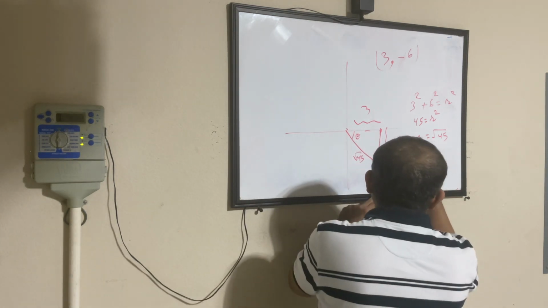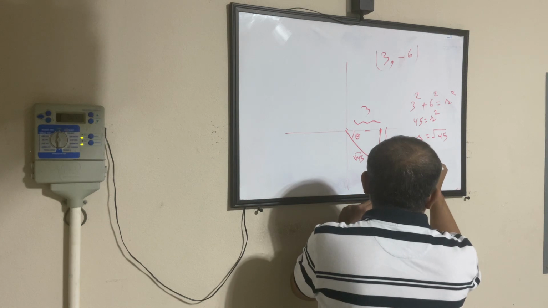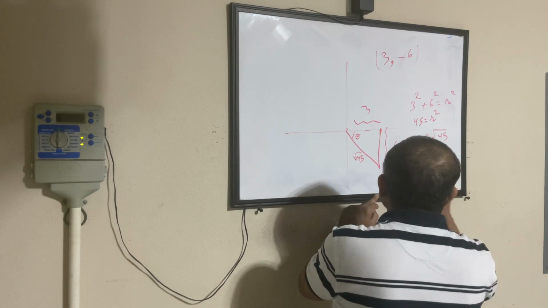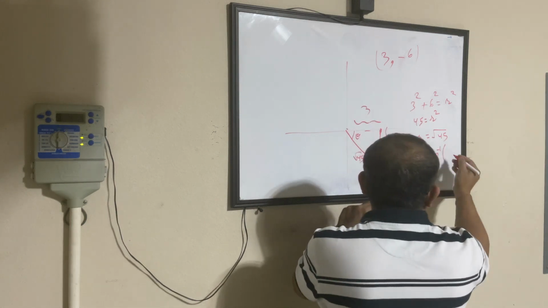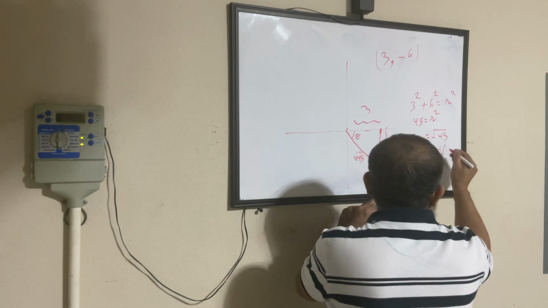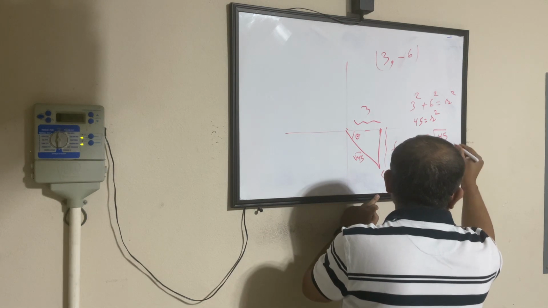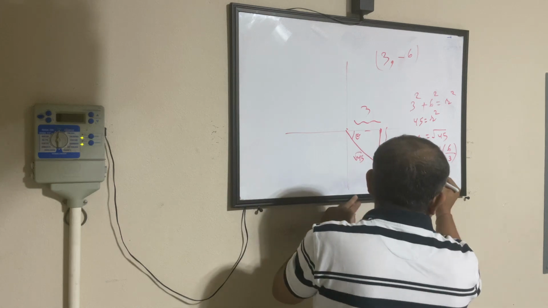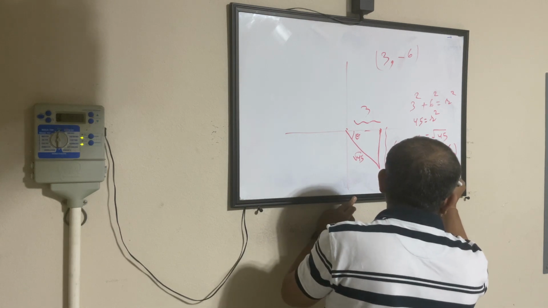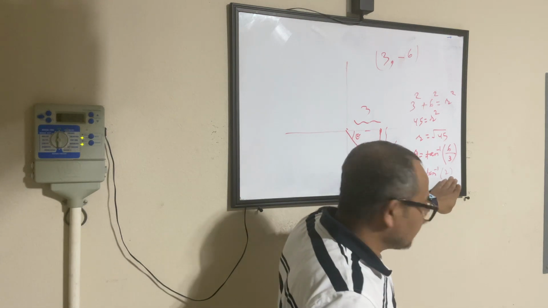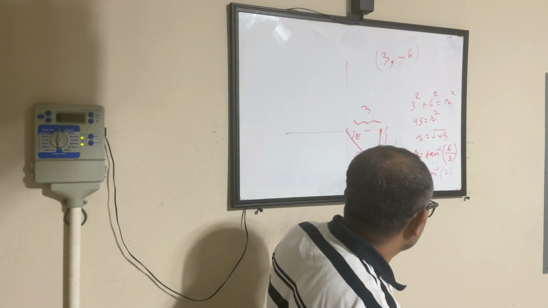So theta is nothing but tan inverse of y by x, 6 by 3. I got theta, this absolute value, as tan inverse 2. I don't know how much that value is; you can use a calculator to find it out.